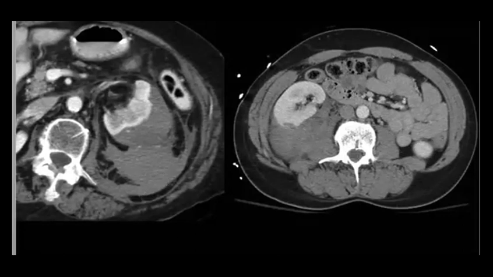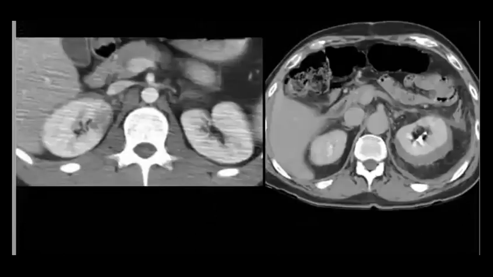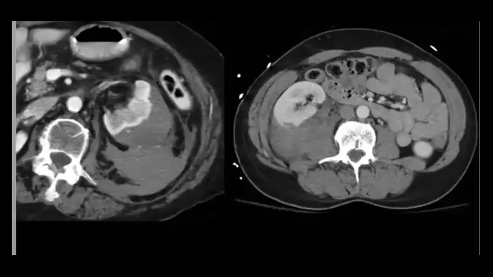The first was just subcapsular hematoma. The other one has extension, less than 1 centimeter, more extension going into the perinephric space. I see Ala also added that it doesn't involve the pelvis.